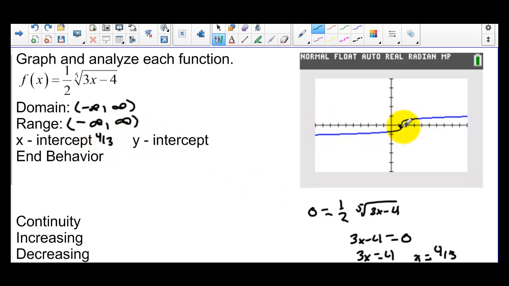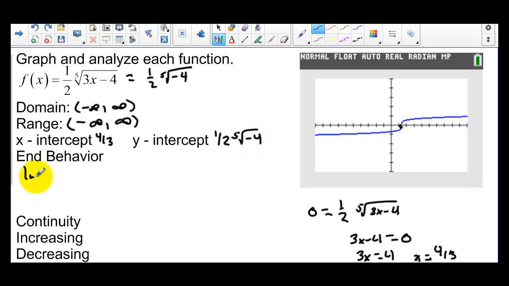That looks about right. And to find out where a function crosses the y-axis, we plug 0 in for x. So if we plug 0 in for x, we have 1/2 times the fifth root of, plug 0 in, negative 4. We could use our calculator to get that value, but we'll just call it 1/2 times the fifth root of negative 4.